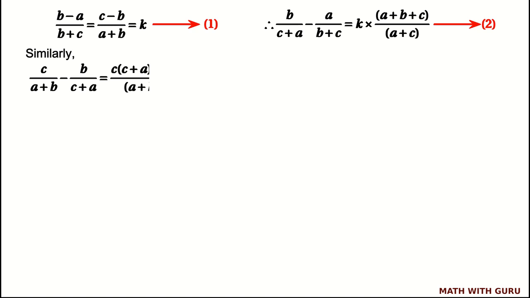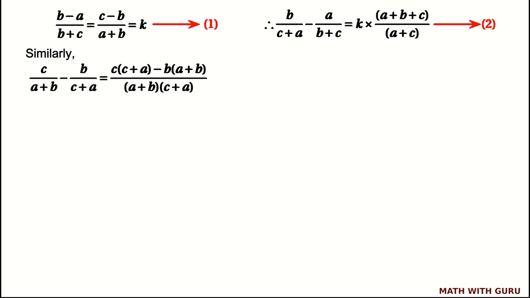Similarly, third term minus second term, c over a plus b minus b over c plus a equals, by taking common denominator, c into c plus a minus b into a plus b divided by a plus b into c plus a.